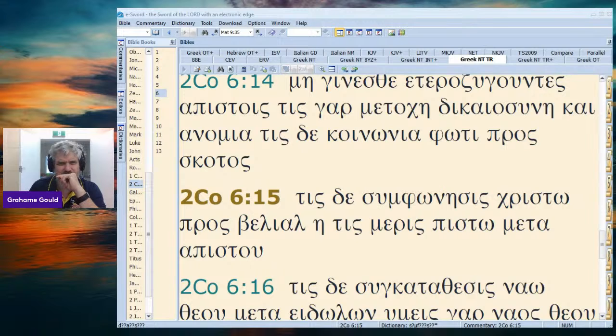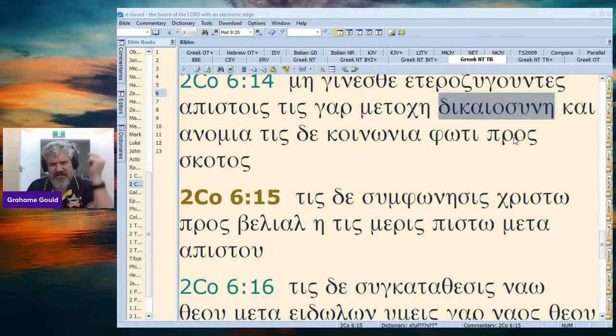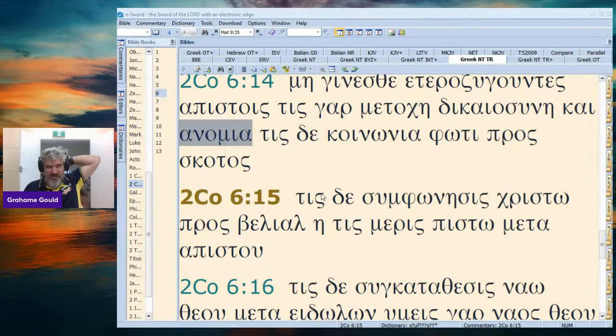Dikaios sunai, anomia, righteous and lawless. Dikaios sunai, justified, righteous really, and lawless.